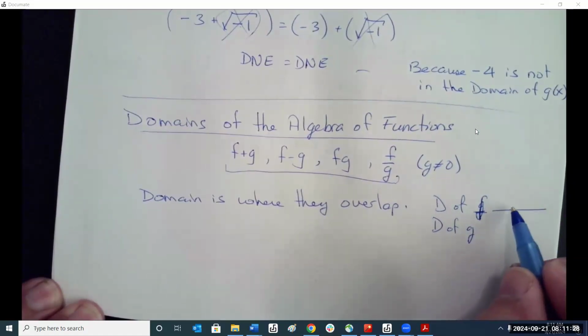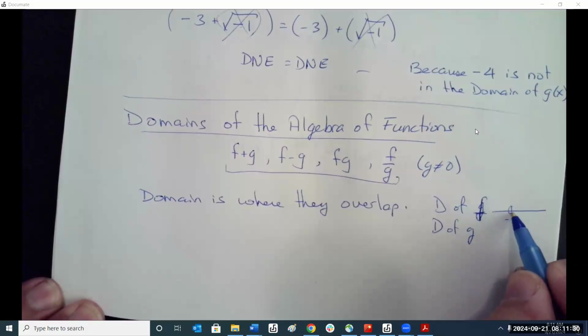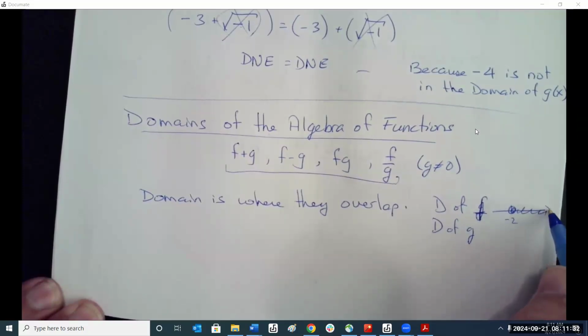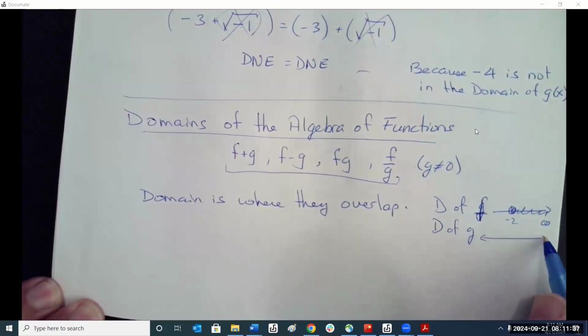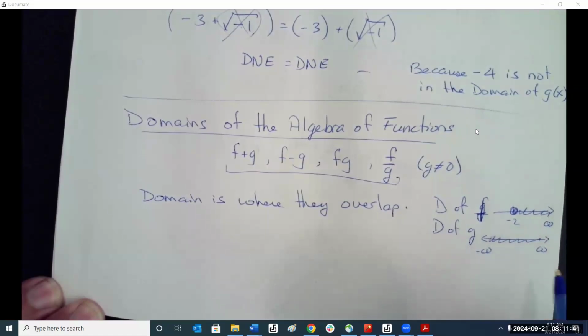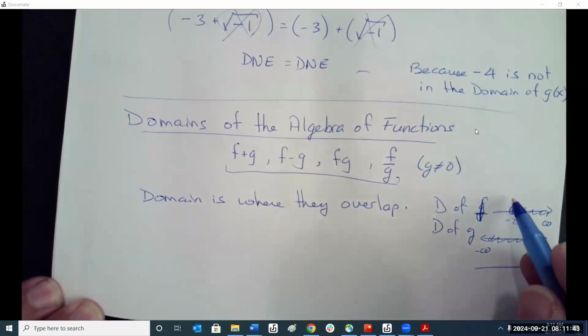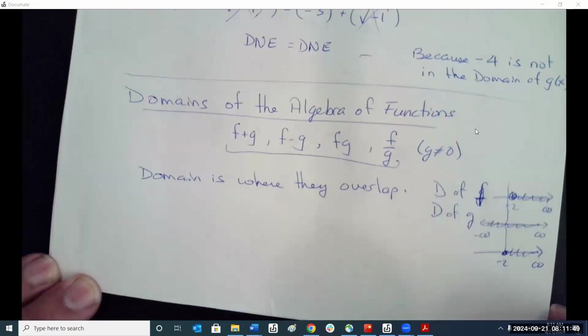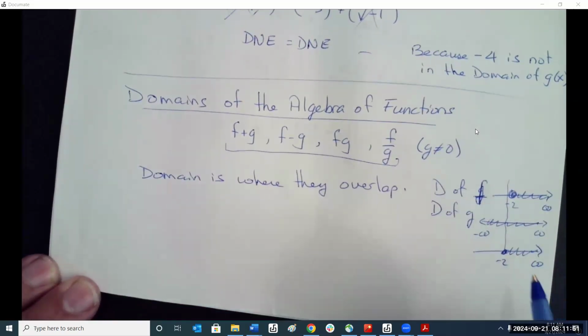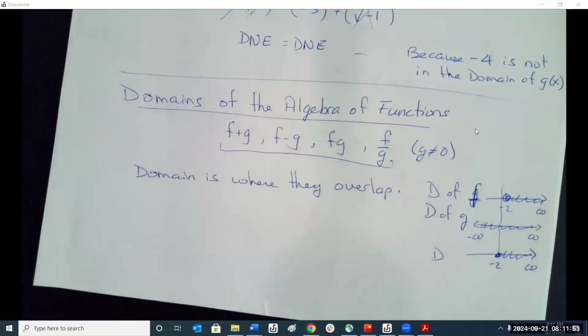Let's say domain of f was from -2 to infinity. Domain of g was from -infinity to +infinity. So the part in which they overlap is -2 to infinity. So that's the domain of that function.